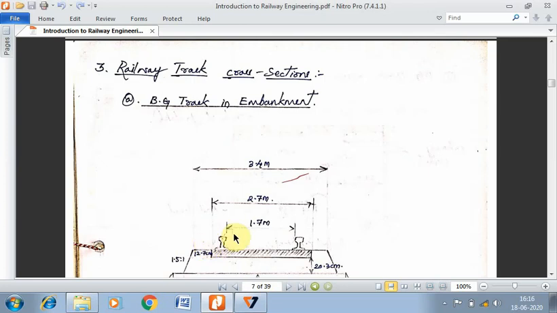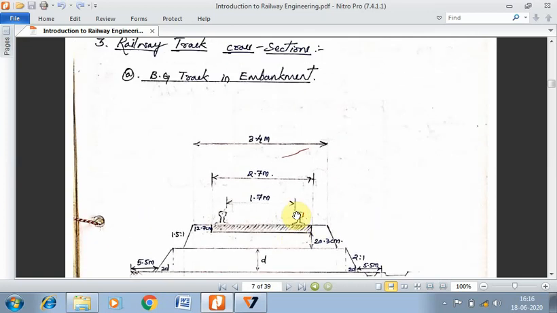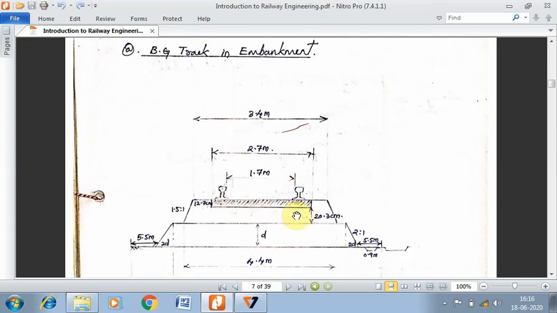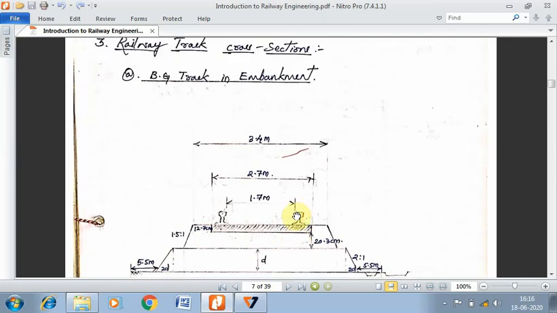One such or a few such cross sections I have already drawn here, and we shall be discussing their dimensions and specifications. So this is a typical cross section of a single track broad gauge railway track in embankment. Now it depends on how the question can be asked in the examination.